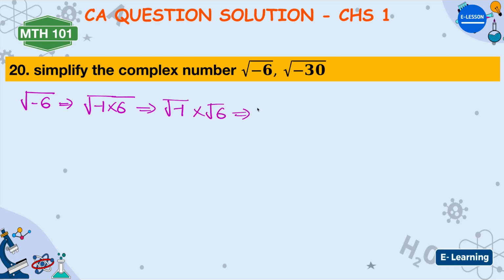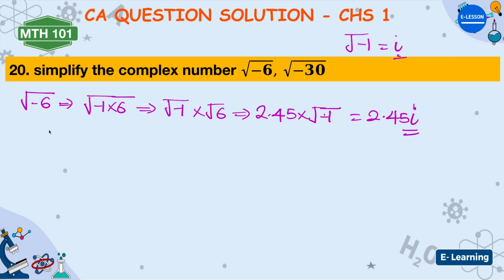You cannot really simplify root 6, but it is 2.45. So we have 2.45 for root 6 times root minus 1. I told you that root minus 1 is iota. So the correct answer is 2.45 iota.